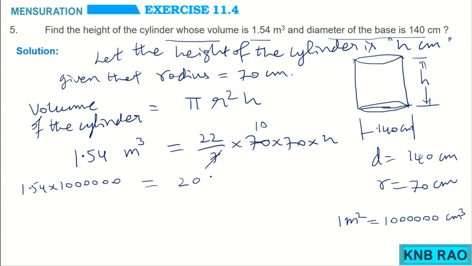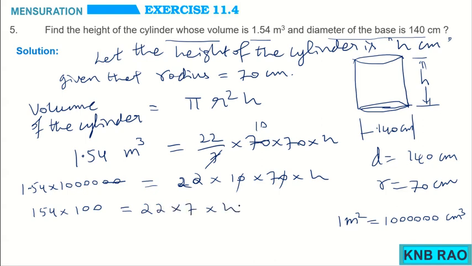So 22 into 10 into 70 into h. These two zeros will cancel with these two zeros. 1.54 into now 10,000. This becomes 154 into 100. Why? Because 10,000 I am writing as 100 into 100, and that 100 will remove this decimal point, equals 22 into 7 into h.